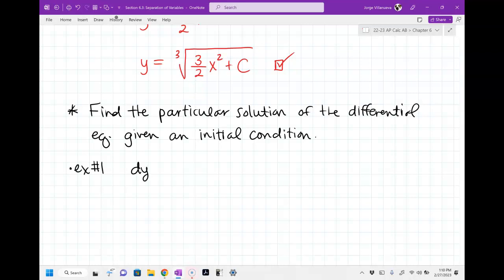Example number 1. dy/dx is equal to 2e to the x minus y. Now I did this one on purpose because I don't know if you guys remember how to break that thing apart. So y of 2 is equal to ln of 2e squared plus 2.